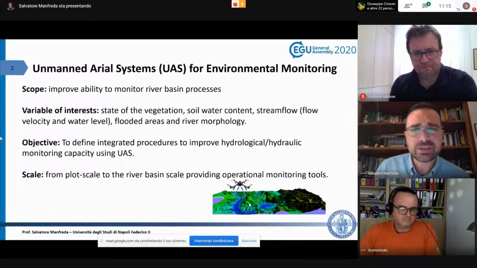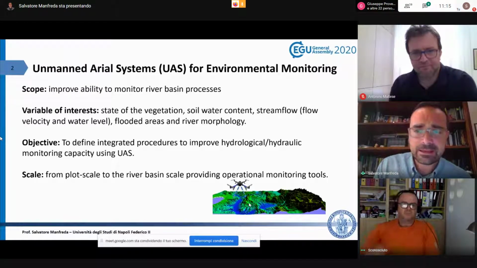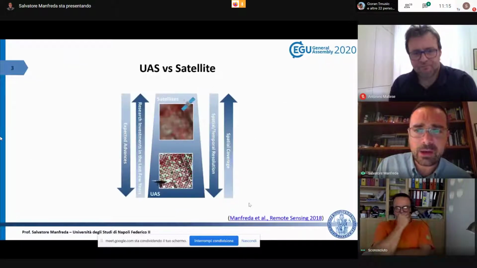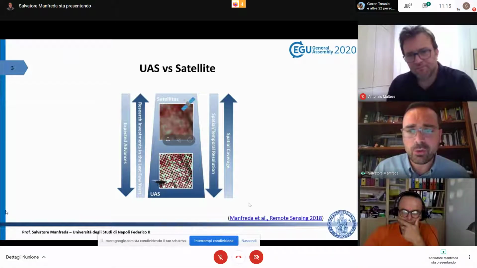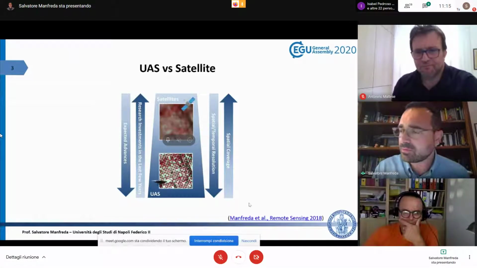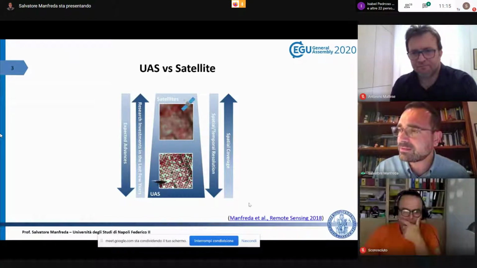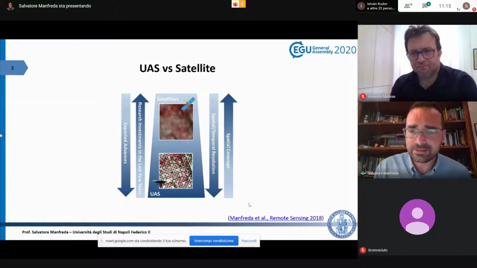The aim of the action is to exploit the use of UAS for environmental monitoring, and we are now merging together knowledge and information available from remote sensing and trying to enhance remote sensing using UAS.